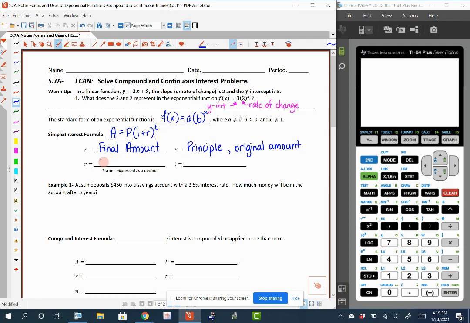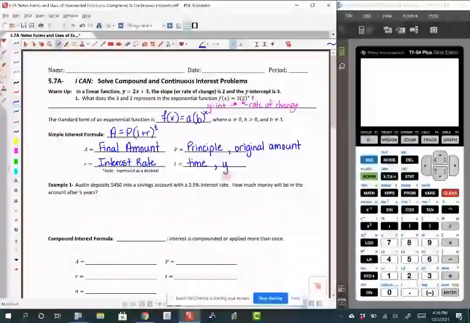R is going to be our interest rate. So everything we do today is going to have some kind of an interest rate. And as it says right below this note, we're going to be expressing interest rates in decimals. A rate is usually given to us as a percent, but we can't operate with percent, so we're going to change those to decimals. And t, as we already have used in so many other functions, just represents time, and specifically, we're going to be working in years.